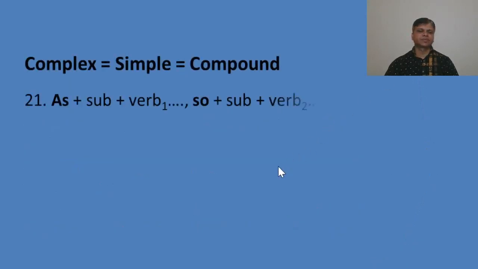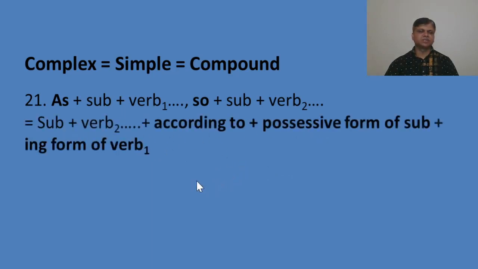Now the 21st rule: as, subject verb 1, rest of the sentence, so, subject verb 2, rest of the sentence. If a complex sentence contains as so, simple will be subject verb 2. Here subject verb 2 is an independent clause, so first we have to use the independent clause, subject verb 2 and the rest of the sentence.